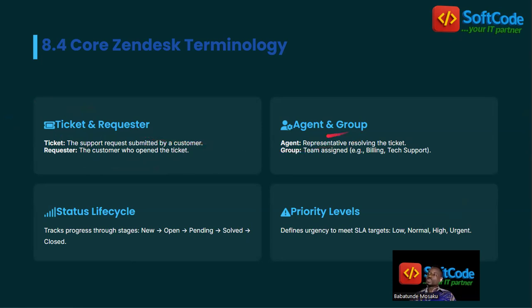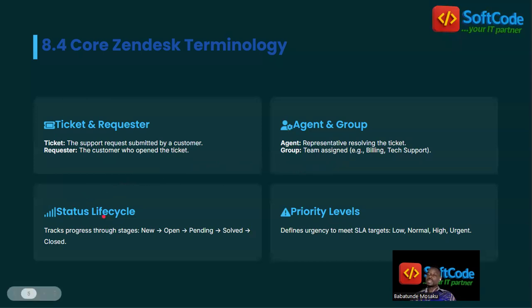Then agent and group. The agent is the representative resolving the ticket. The agent in this case can be a human, and can also be the AI. The group is the team assigned to solve that particular issue.